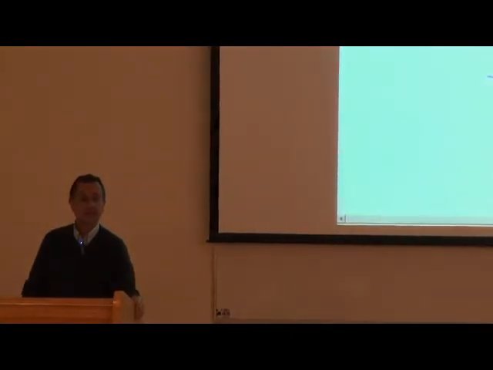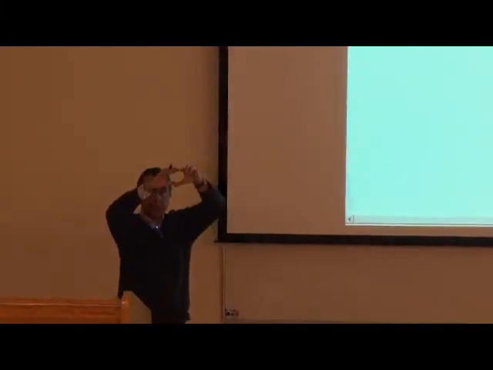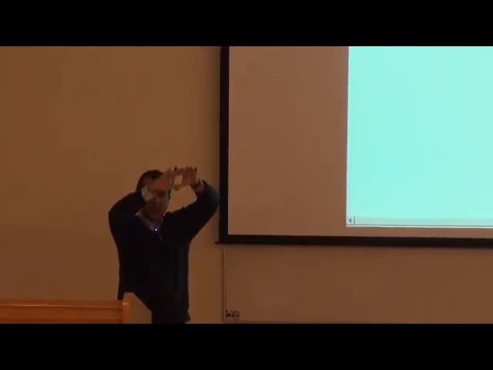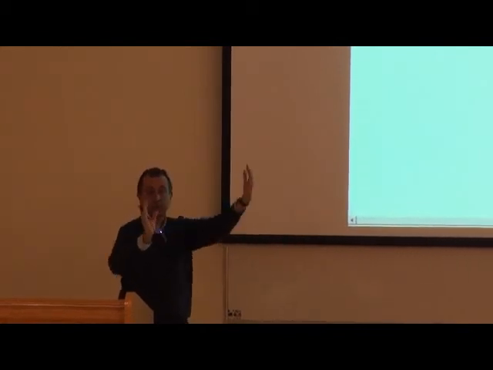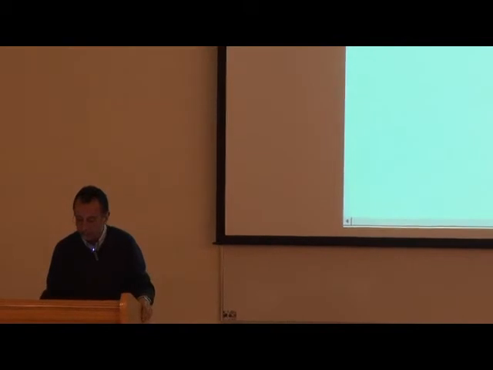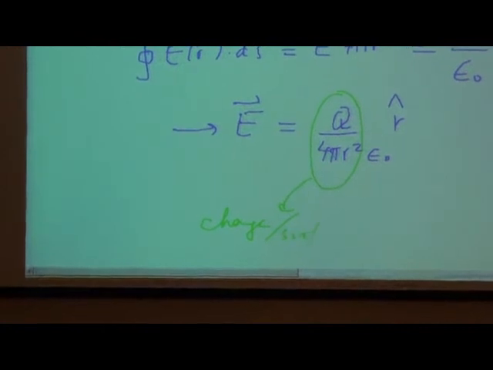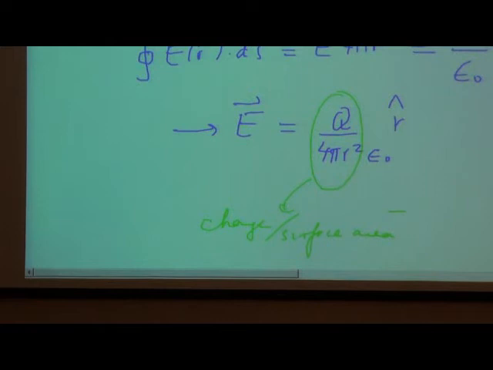So this is just the charge per unit area. Remember, because it's conducting, the charge is distributed at equal density all over the surface. Okay? And Q divided by 4 pi r squared is just charge per unit surface area. We usually give this the symbol sigma, called the surface charge density.